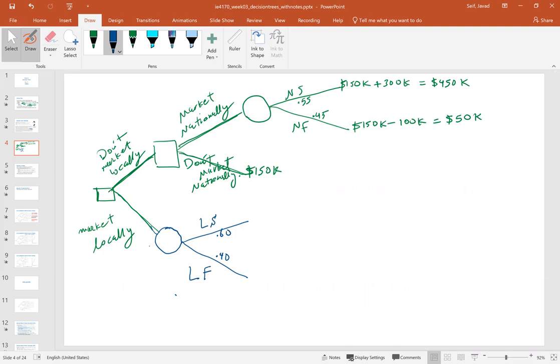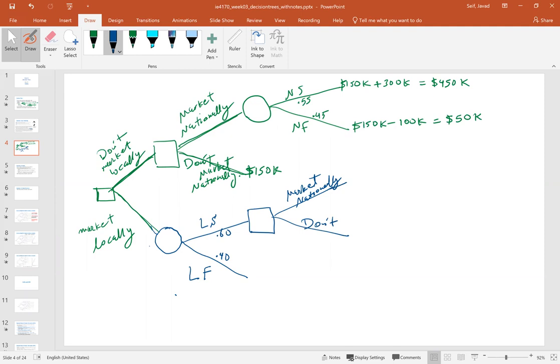So what can I do if it's a local success? If it's a local success, I still get to choose to market it nationally or not market it nationally, right? So this entire branch on top will repeat here, but with different probabilities: market nationally and don't market it nationally.